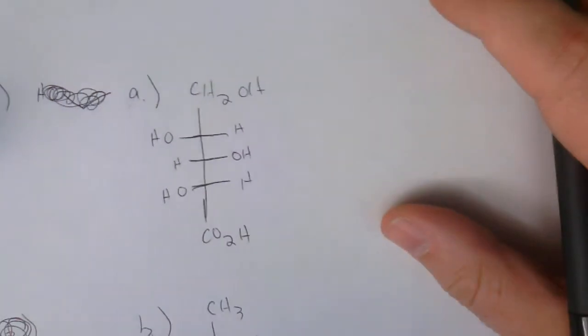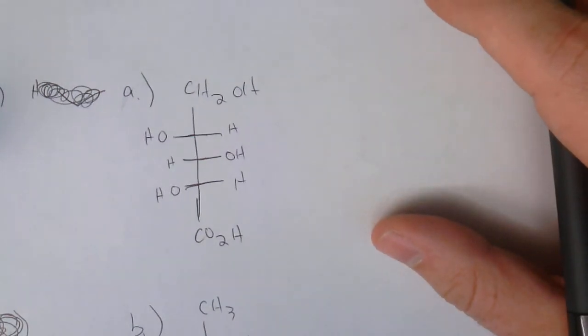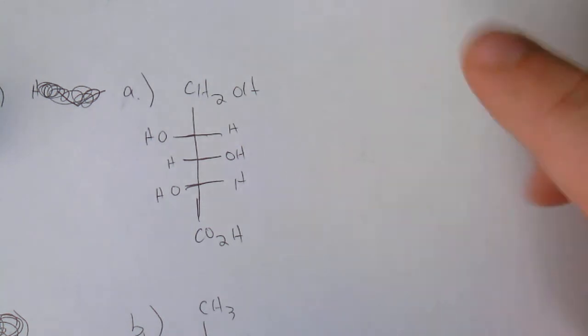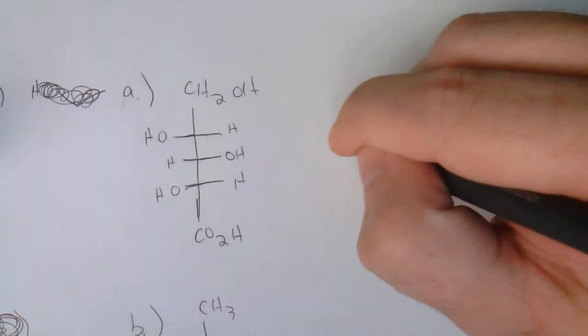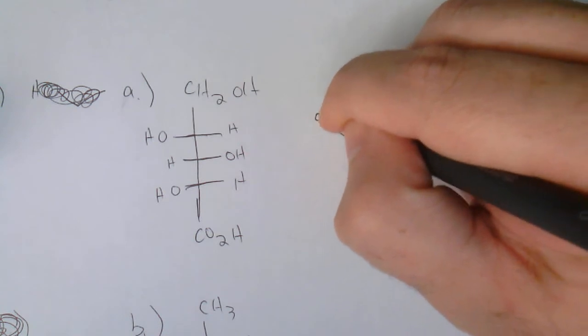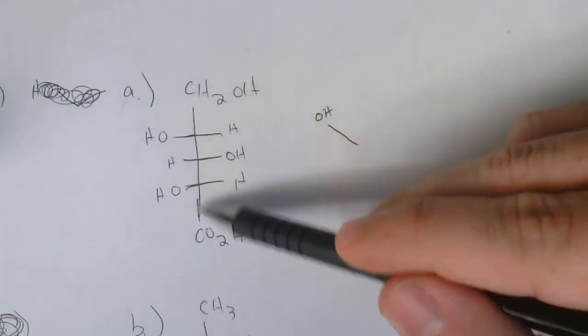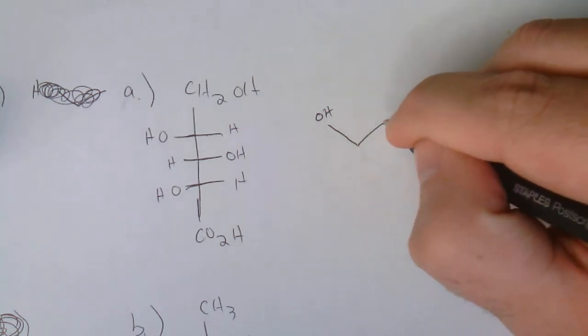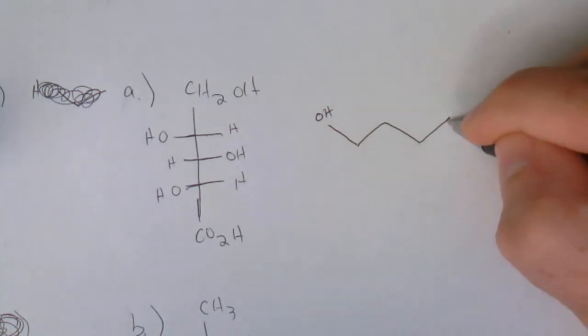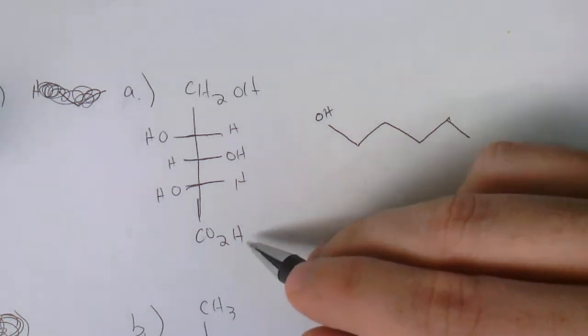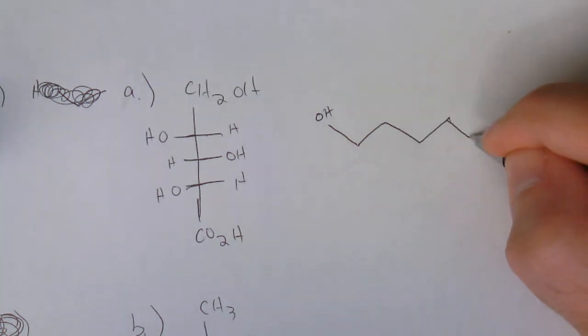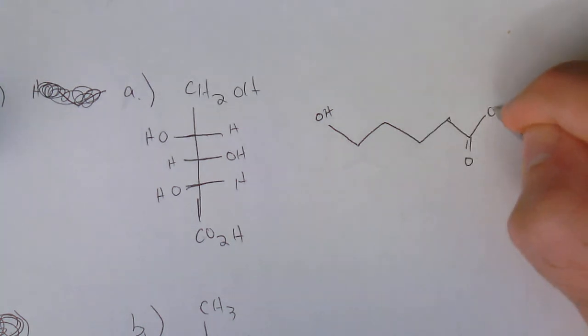Okay, so we have to convert this to a line angle drawing. So first I need to get my CH2OH written down. So here's my OH. This is going to be my CH2. And then I'll have 1, 2, 3, 4, 5 carbons. CO2H tells me this is a carboxylic acid.